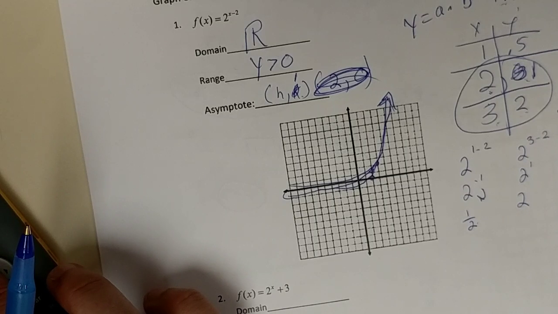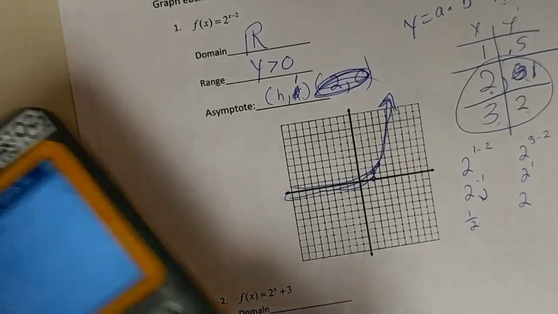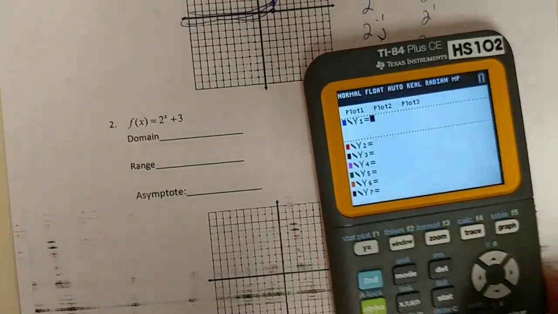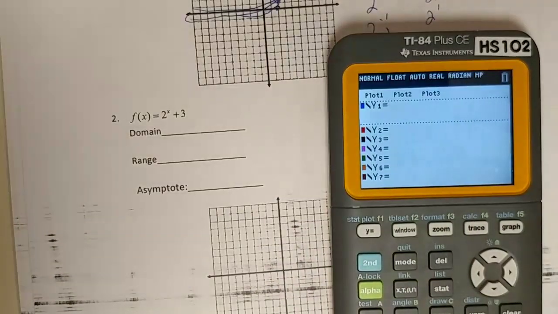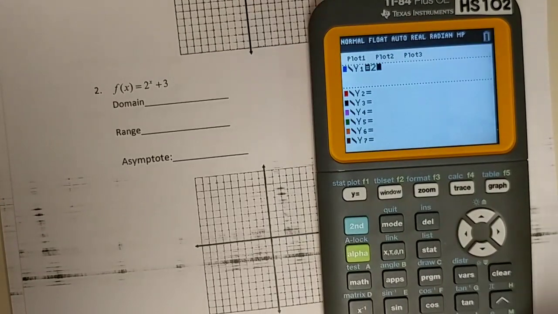Okay, so let me teach you how to type into your calculator. Let's do it with the next one: 2 to the x power plus 3. I'm going to click 2 to the exponent. The exponent button is right here above the division.